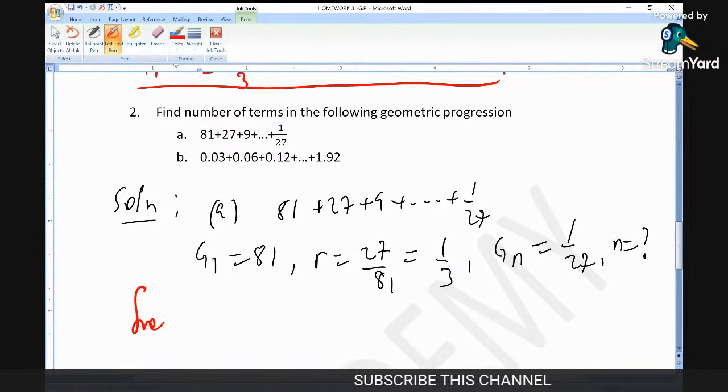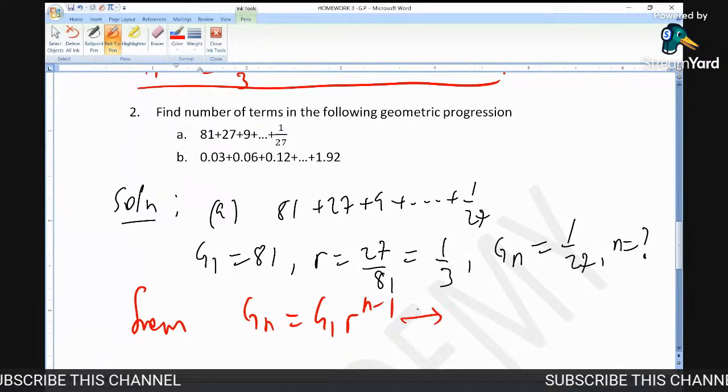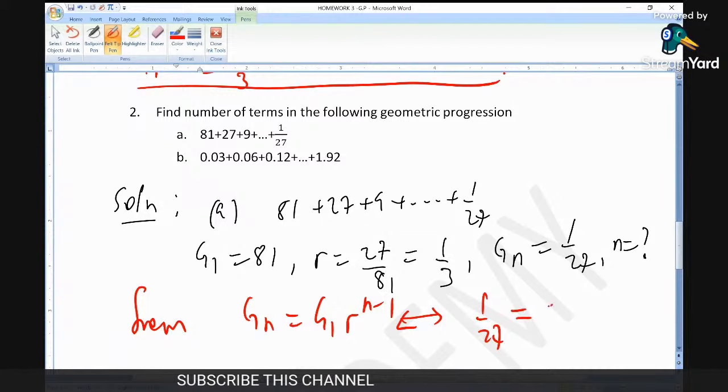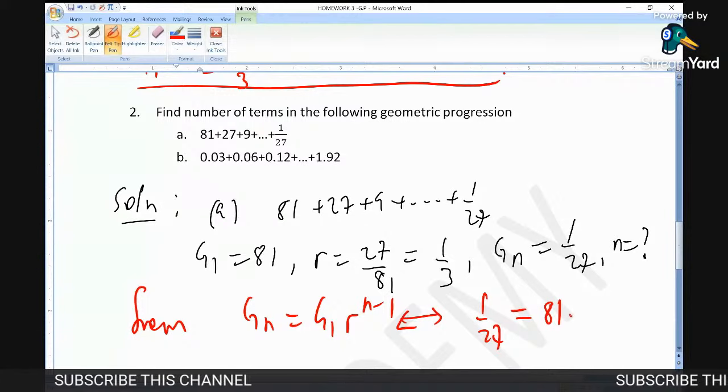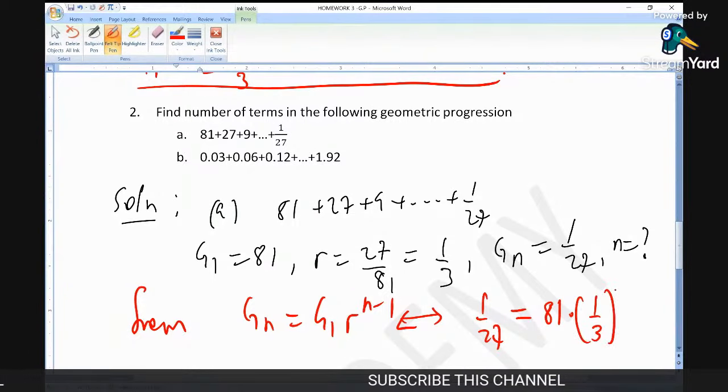So from Gn equals G1 R exponent n minus 1, we know that Gn, which is 1 over 27, equals G1, which is 81, times R, which is 1 over 3, power n minus 1.